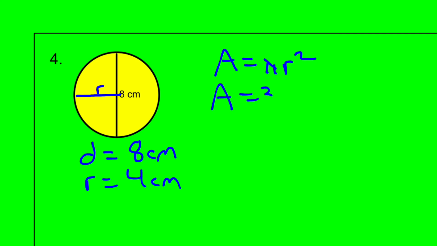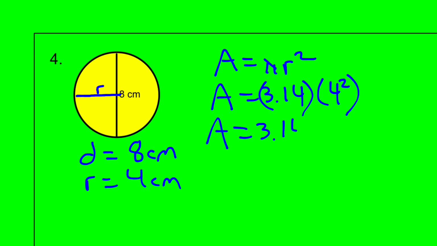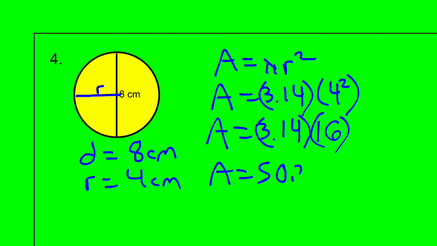Area equals 3.14 for pi times the radius 4 to the power of 2. We have to do that exponent first. Remember, 4 squared, or 4 to the power of 2, means 4 times 4, which is 16. And when we work that out, we get area equals 50.24 centimeters squared.